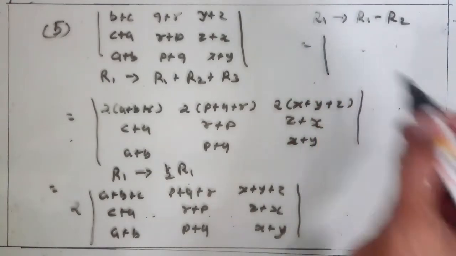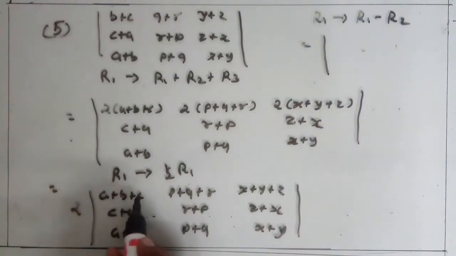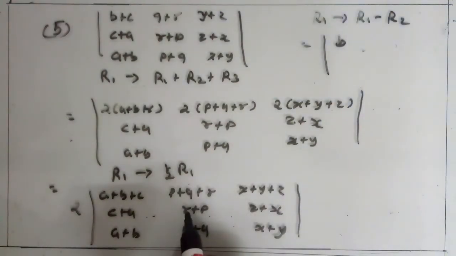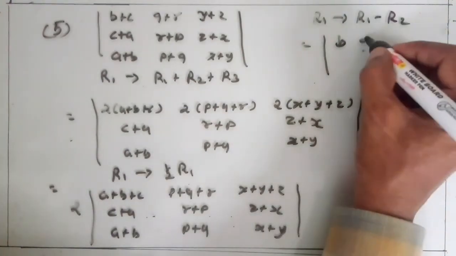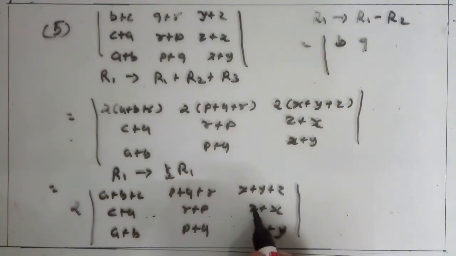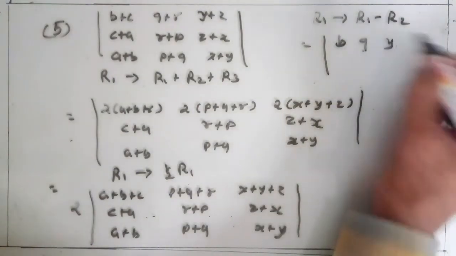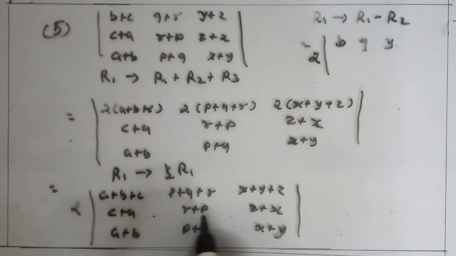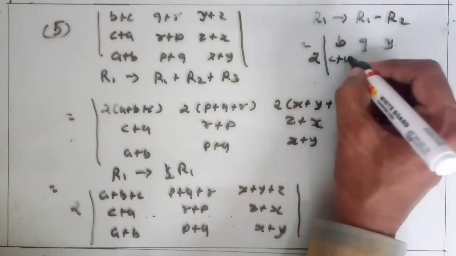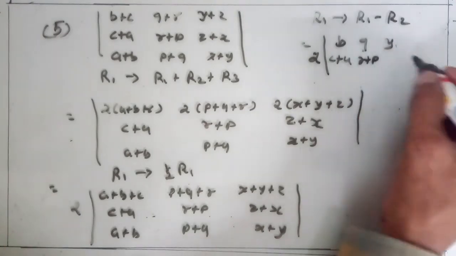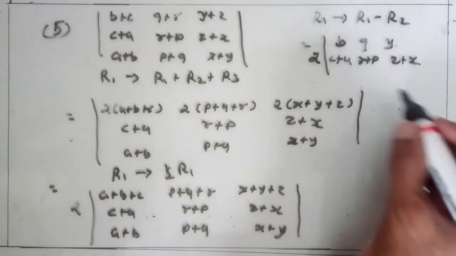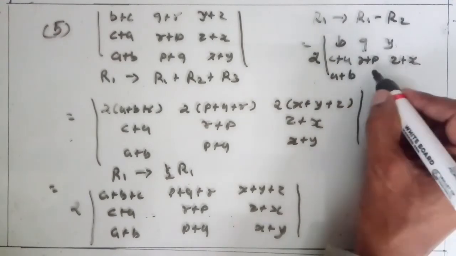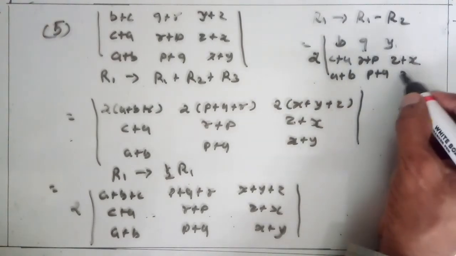Here we get, remember this, minus C plus C cancel, minus A plus A cancel, so here we get B. Similarly in the second column R, R cancel, P, P cancel, so Q, and in the third column Z cancel, X cancel, so Y. Now the remaining two rows same: C plus A, R plus P, Z plus X, A plus B, P plus Q, and X plus Y.